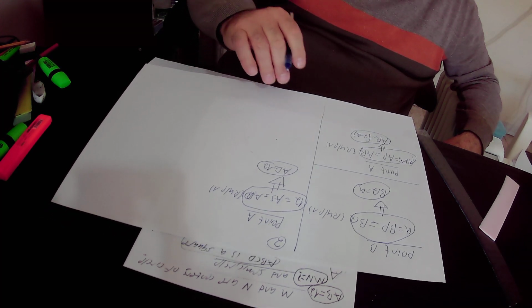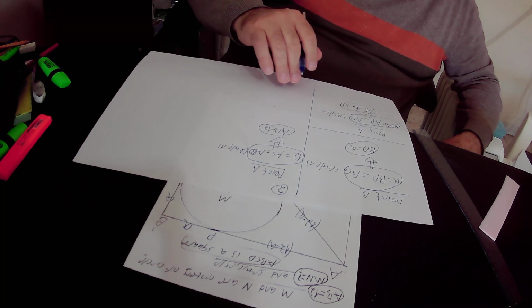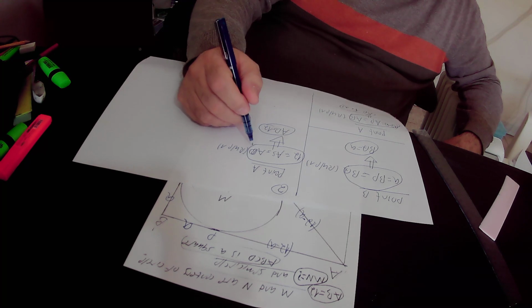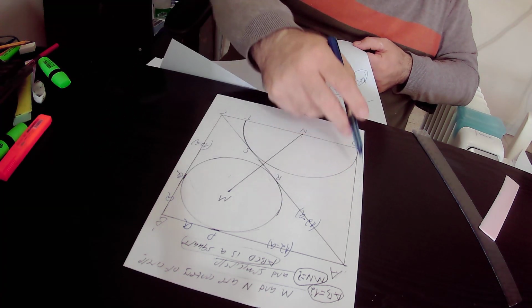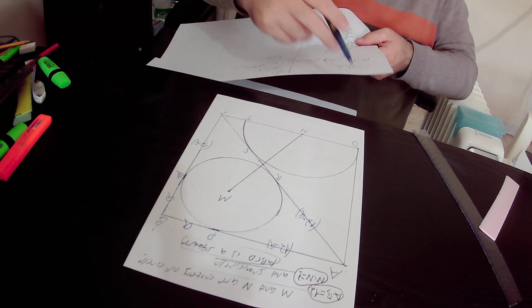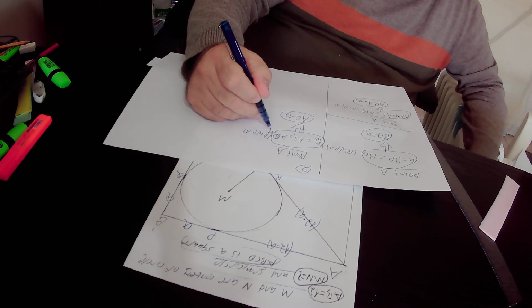Actually, we know that AD is equal to 12 units. It is given in the question that AD equals 12 units because it is one side of square ABCD that equals 12 units.